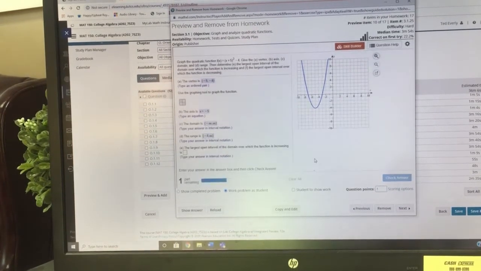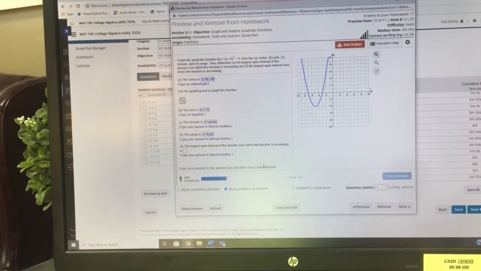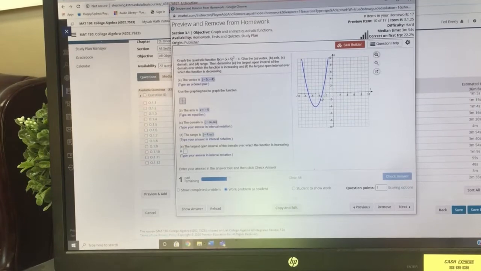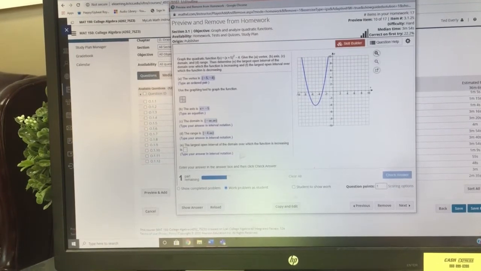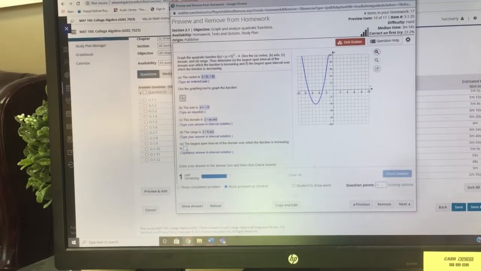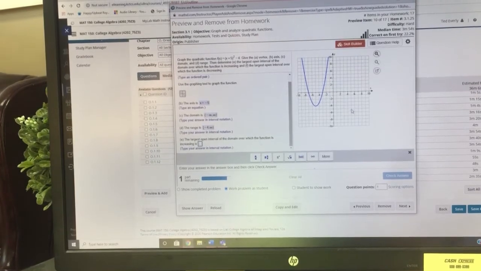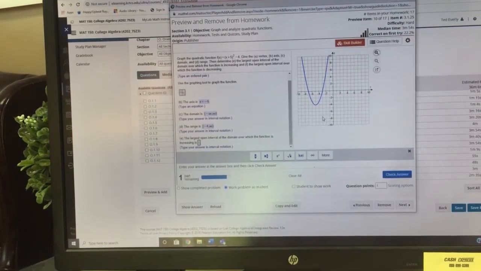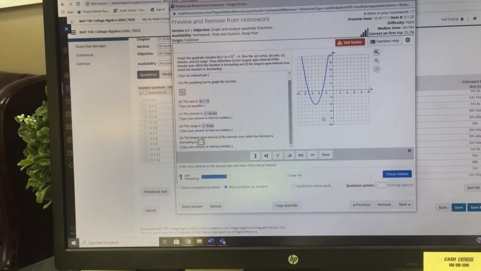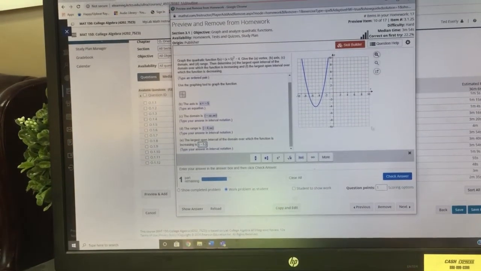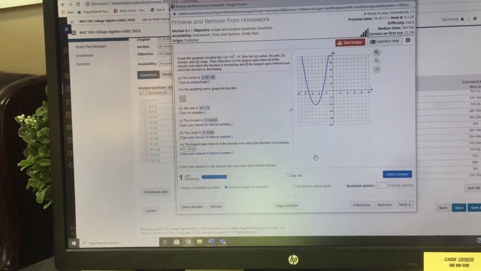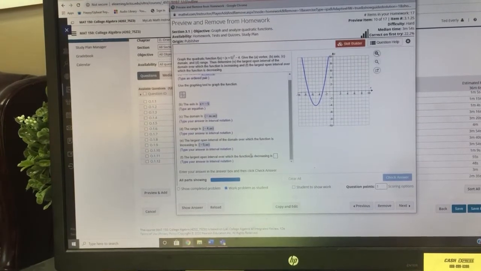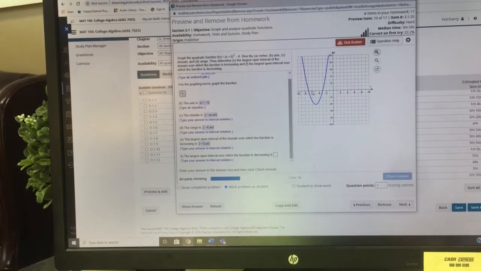Now the largest open interval on which the function is increasing, right here is increasing, which starts right here at negative 5, and it goes to infinity. So negative 5 to infinity. And then the largest open interval on which the function is decreasing, and that'd be this one right here.